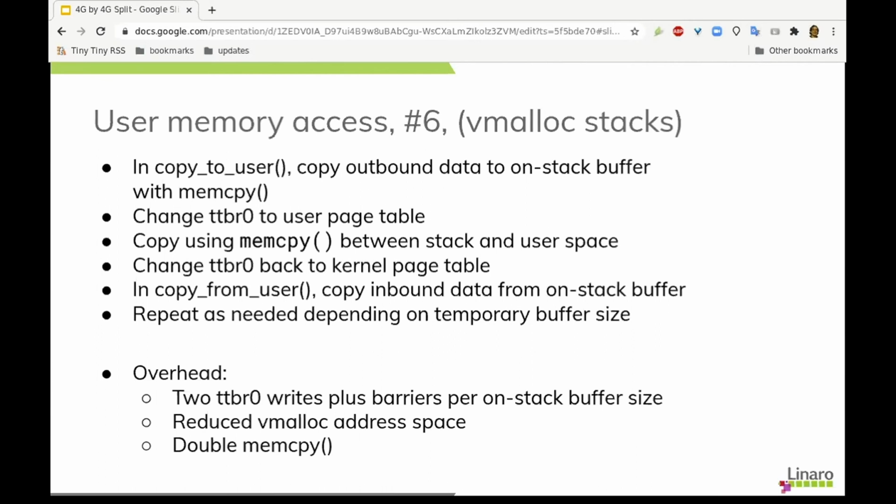So anytime we do a copy_from_user, we would put an array of 1 kilobyte on the kernel stack, flip the page table, and then do a memcpy between that. The disadvantage is we have to do the memcpy twice, and it's still not that much memory that we can copy at once.